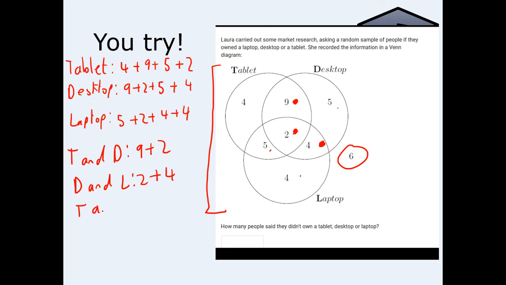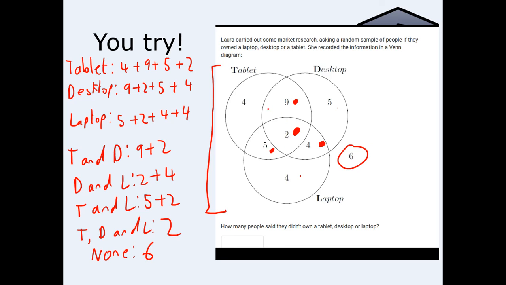Having a tablet and a laptop would be 5 and 2. Okay, those people there, there's the overlap there. The number of people who have all three, so have a tablet, a desktop, and a laptop, is 2. These 2 people here have one of each, and none would be 6.